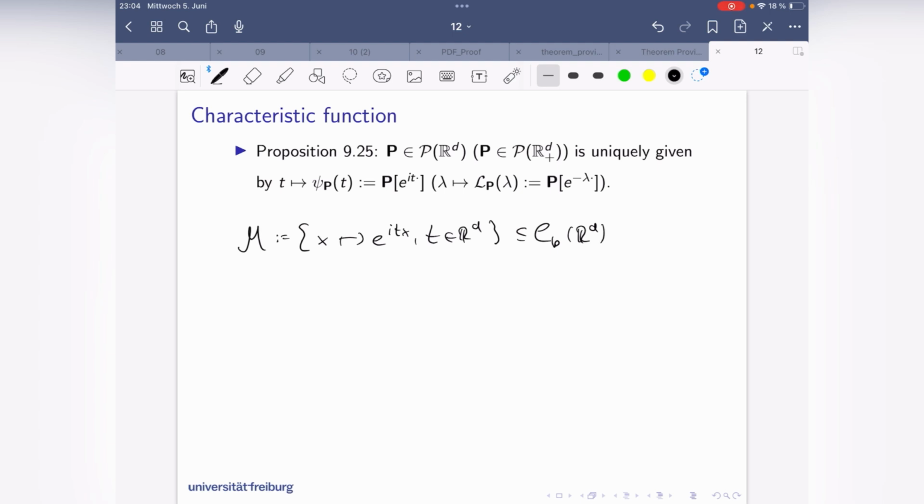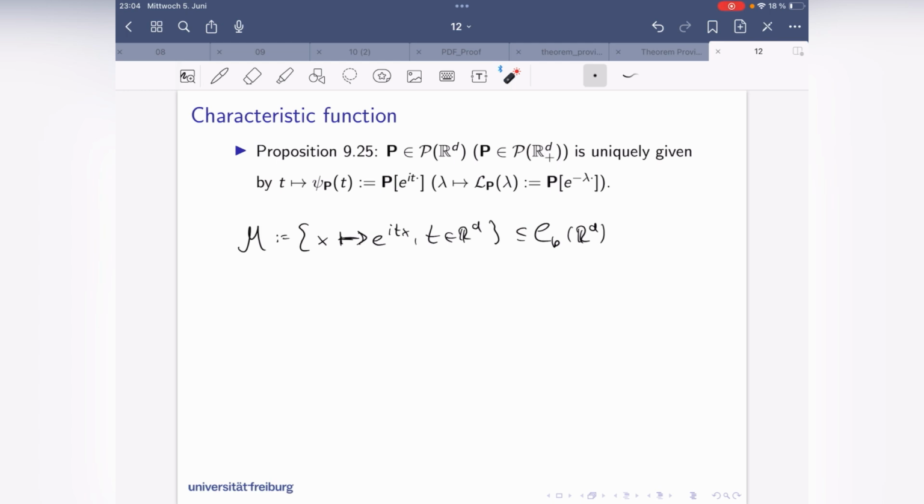Apparently, it separates points, because whenever you have an x and y not equal, you find the t such that t times x minus y is not a multiple of 2 pi. So there are different function values here, so it separates points.